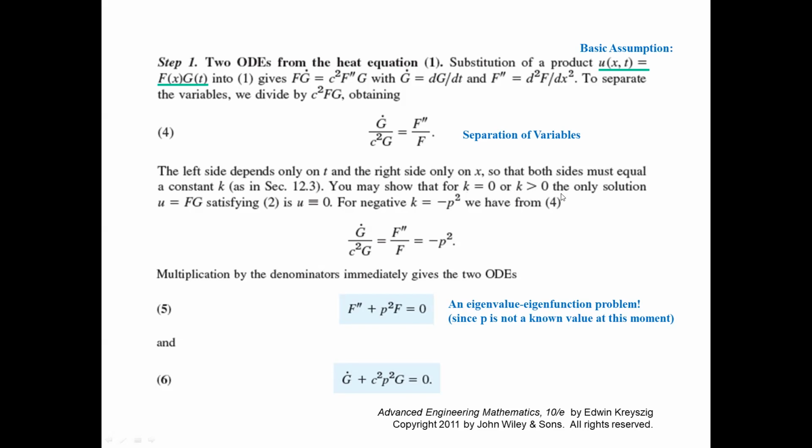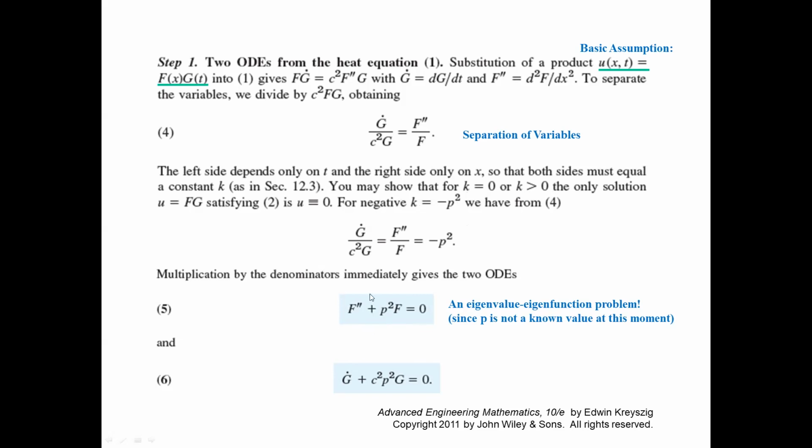We are not going to get a useful solution for u. Therefore, only for negative k do we have a solution. That's why we assume k equal to negative p squared. Then we have this equation.